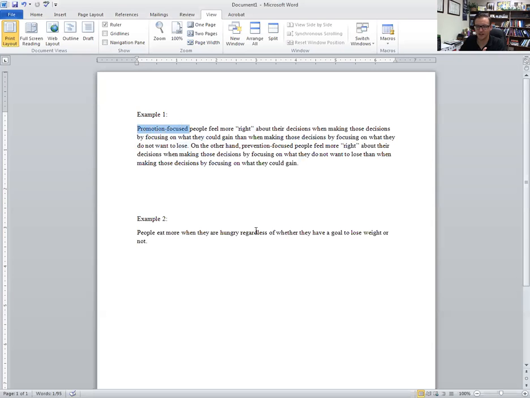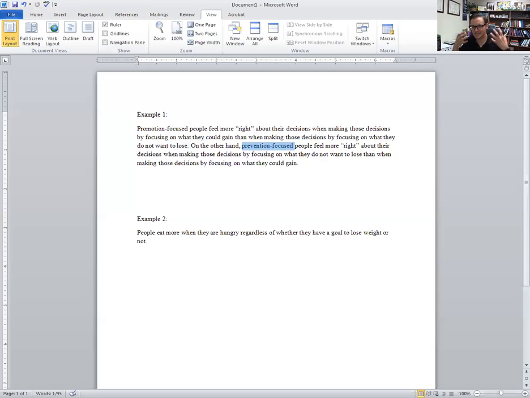well, I guess we have to identify the other independent variable. But in order to do that, we get some indication from the first sentence, but we have to go into the second sentence for that. So here, this whole first sentence is about promotion-focused people. This whole second sentence is about prevention-focused people. So that gives us our other IV, the other thing preceding the feelings of rightness, whether they're promotion or prevention focused.